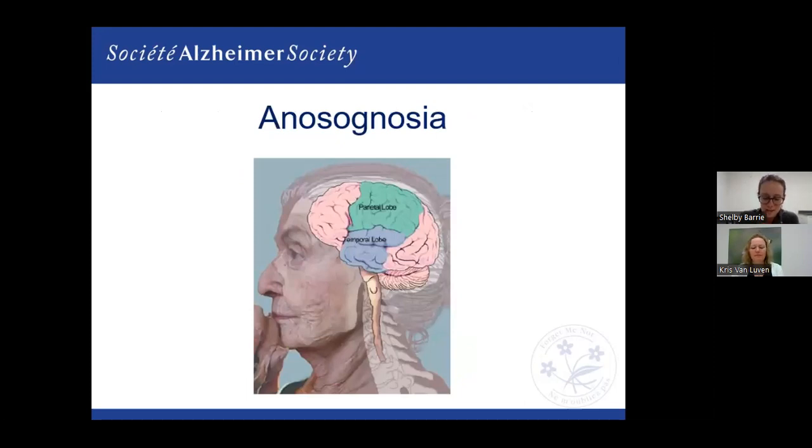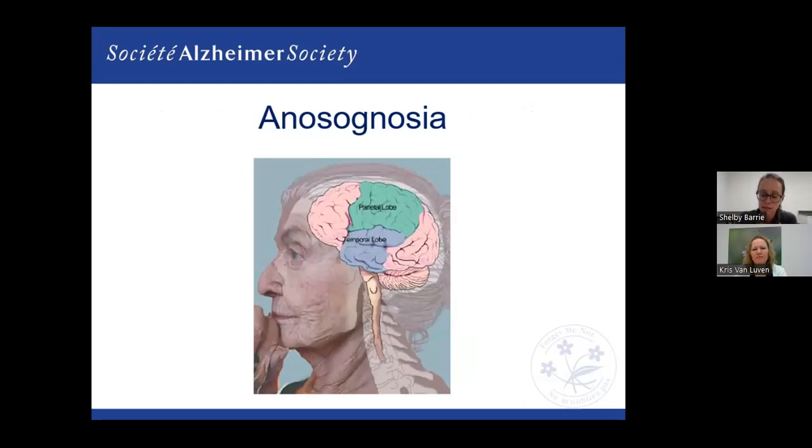Anosognosia, on the other hand, is a condition that results from physical changes and damage in the brain. And this typically happens in the prefrontal lobe, so the front and top part of the brain, and in the parietal lobe, so the area of the brain above our ear on the right side of the brain.